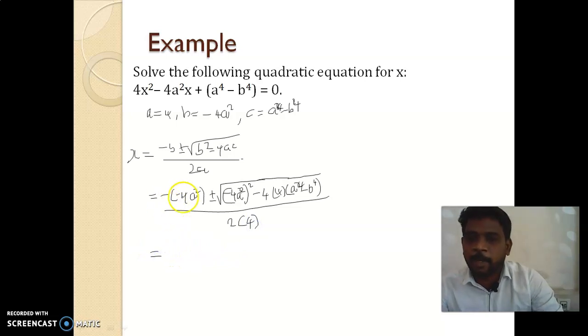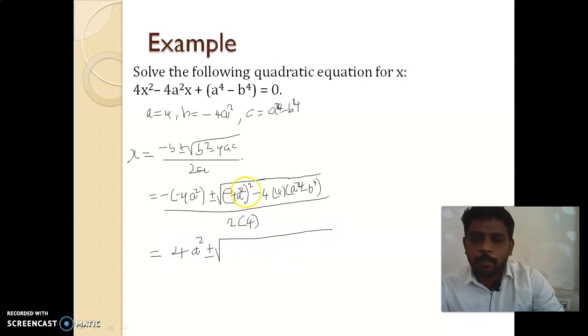Now simplify this. Minus into minus is plus, so it will become 4a square plus or minus square root of minus 4a square whole square. Here the minus will become positive definitely, 4 square is 16, and the variable a square, whole square means a power 4, we should multiply the powers. And minus 4 4s are 16.